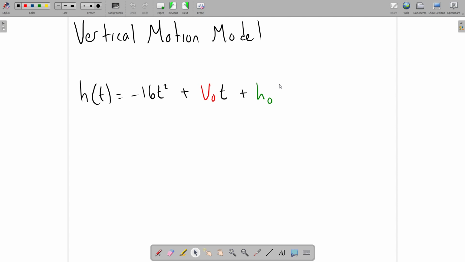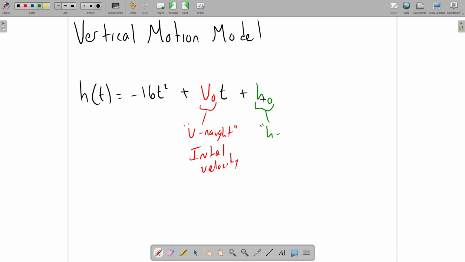First of all, what is the vertical motion model? The vertical motion model is h of t, which means the height is the output and the input is time. This is equal to negative 16t squared, and this negative 16 comes from essentially gravity, plus v naught, which is how you would pronounce that, and this is just the initial velocity, and that's something that'll be given to you in the problem.